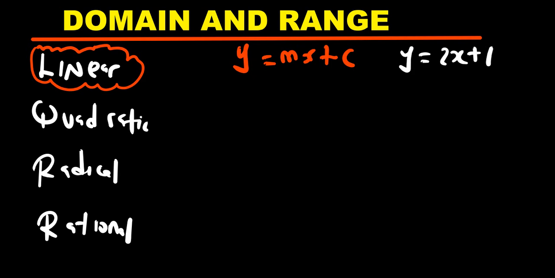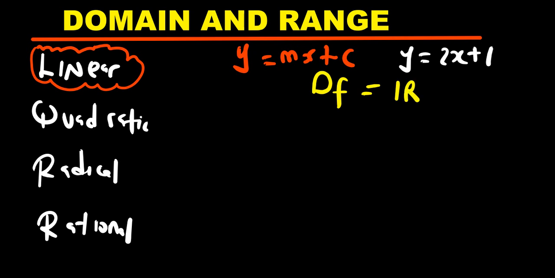Now for the linear functions, what you need to understand about the domain and the range is that all values of x will exist, all values of y will exist. So the domain for the linear function will just be all real numbers.